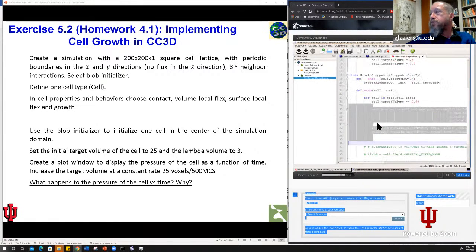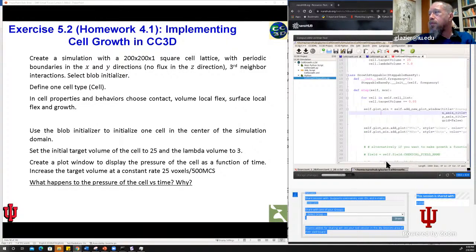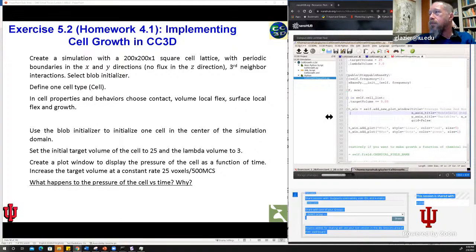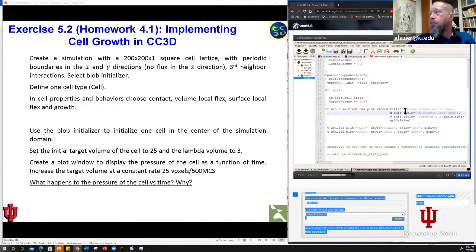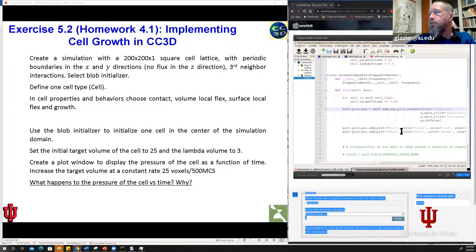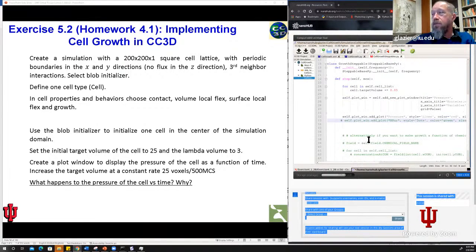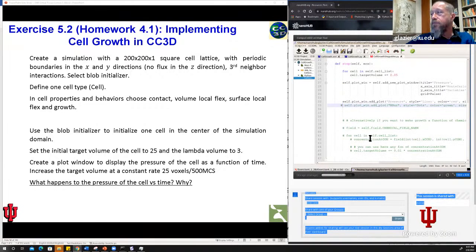To create a pressure plot. And at the moment, there's only one cell, so I don't have to worry about averaging or anything like that.